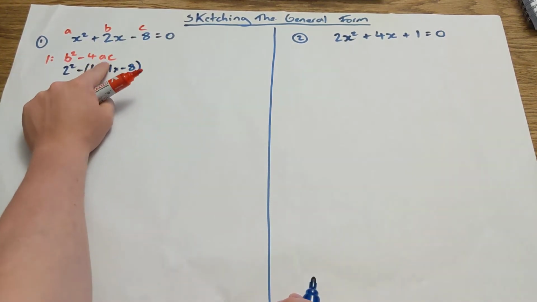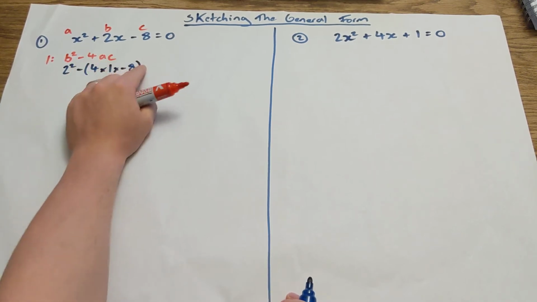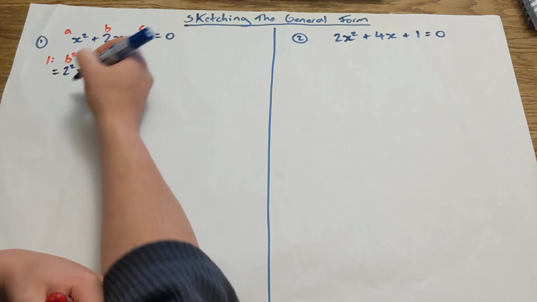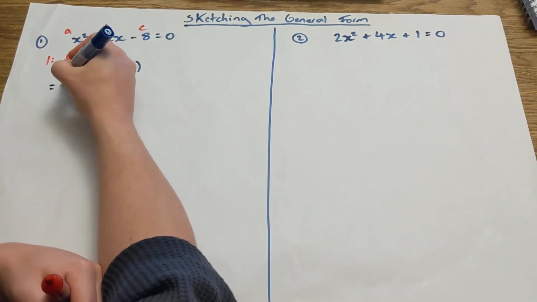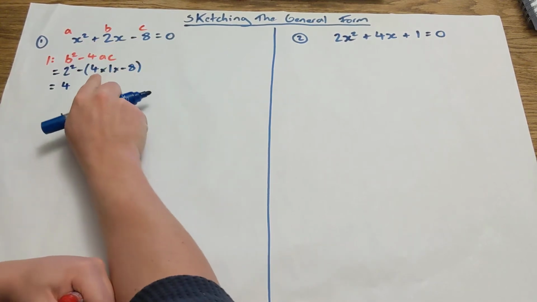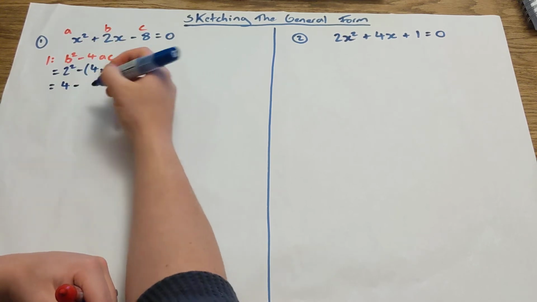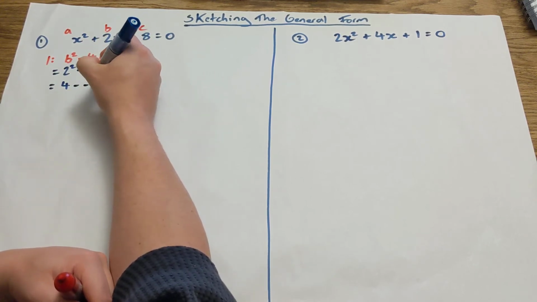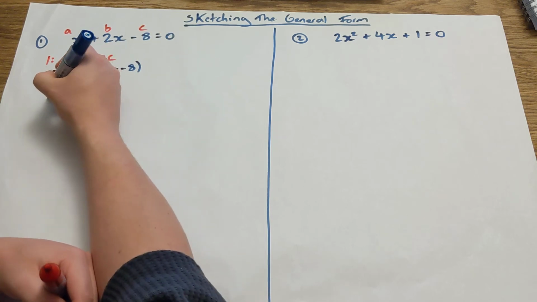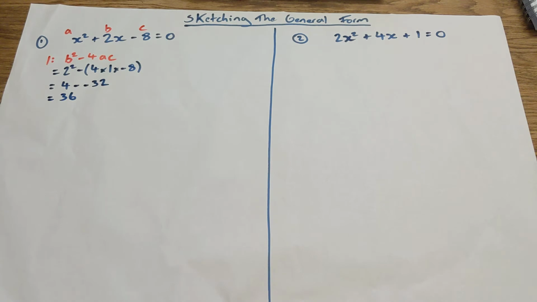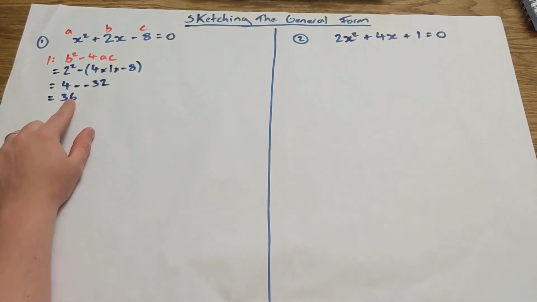We work out the 4ac altogether, and then whatever it is, take it away, so we don't get muddled up with negatives. So 2 squared is 4. Then 4 times 1 is 4, times negative 8 is negative 32. So I've got 4, take away negative 32. That is 36.